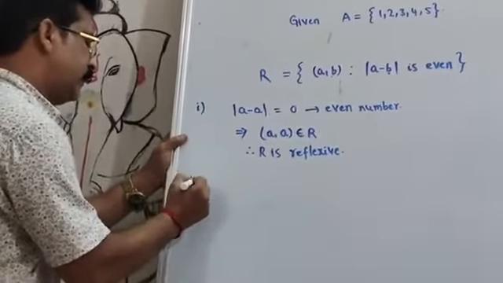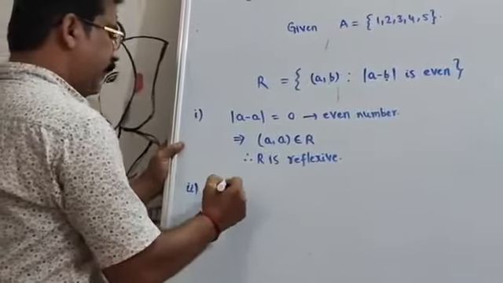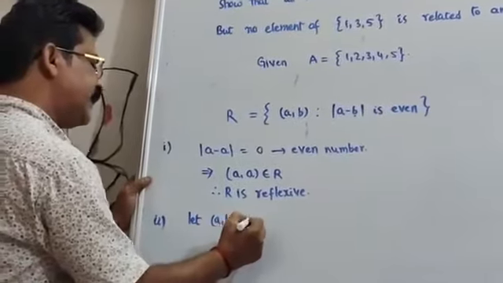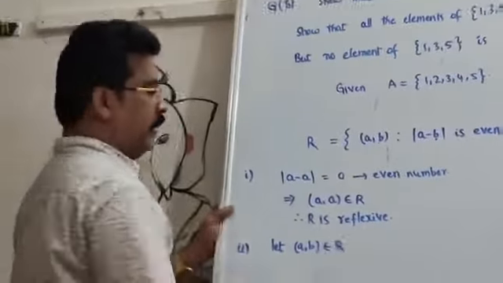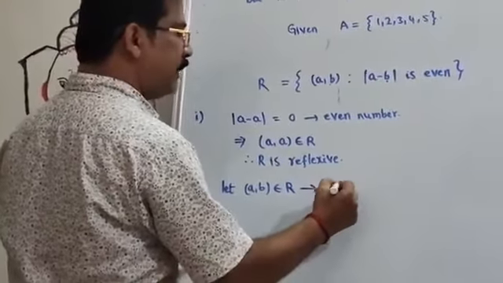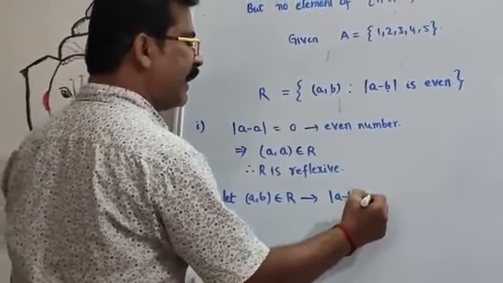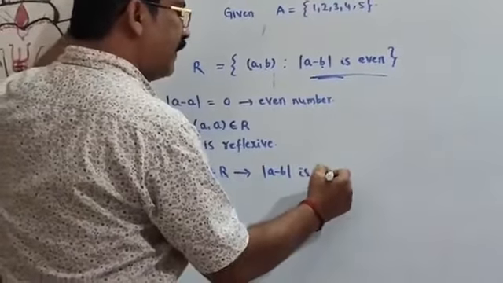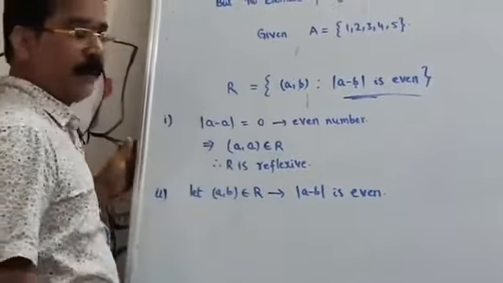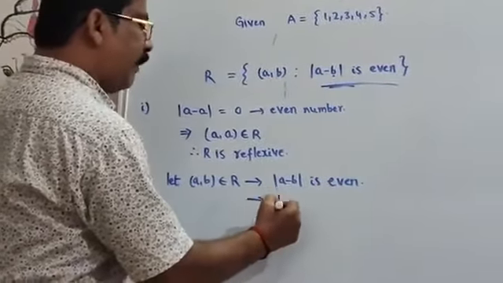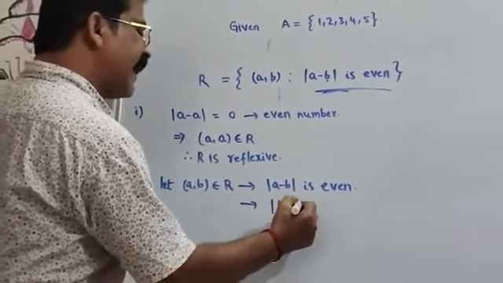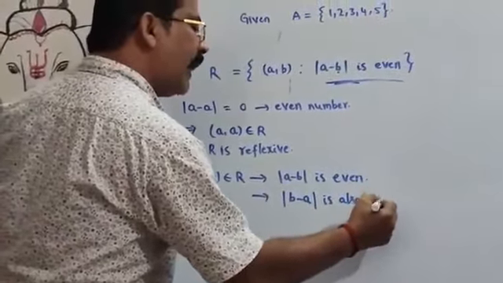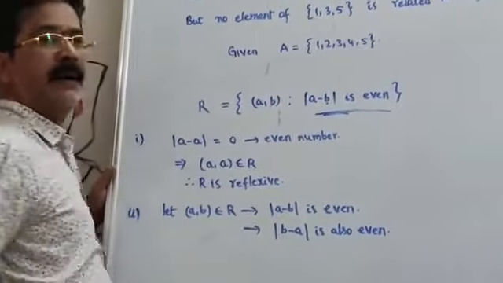Number 2. Let the ordered pair (A, B) belong to capital R, which means modulus of A minus B is an even number. So what does it mean? Modulus of B minus A is also an even number.